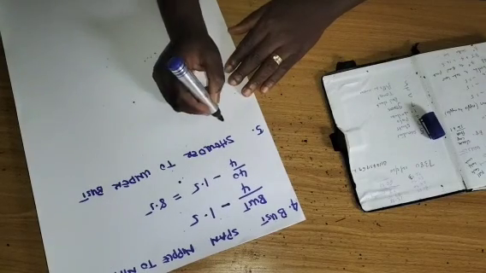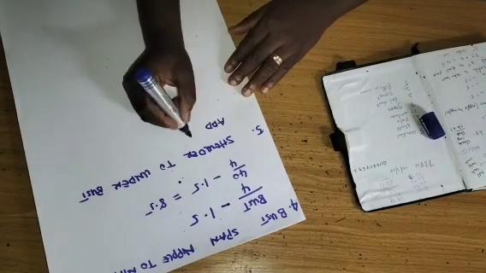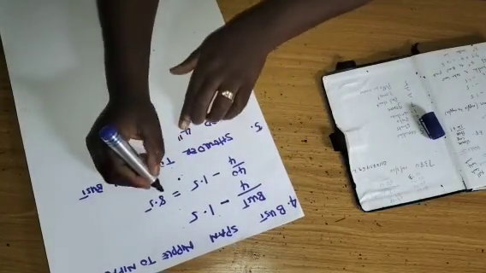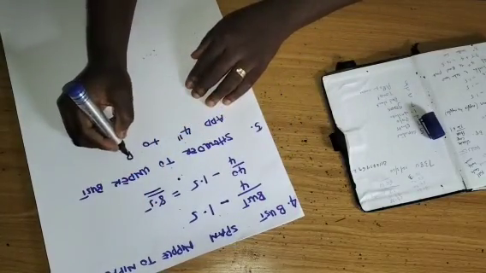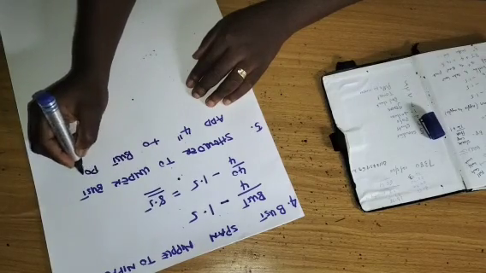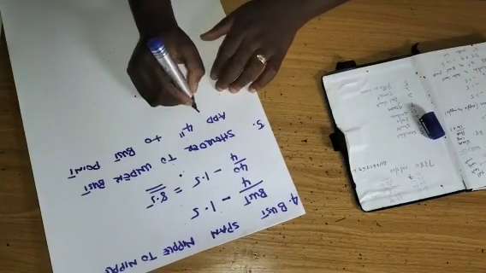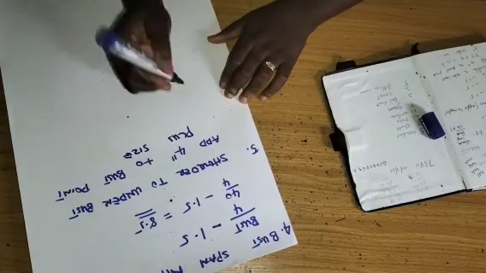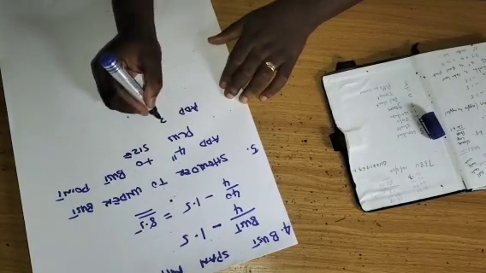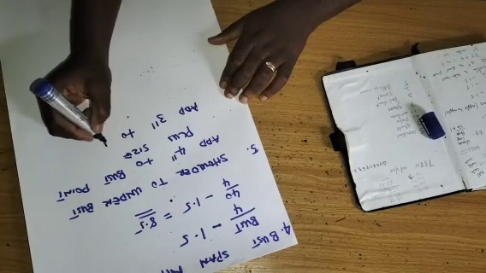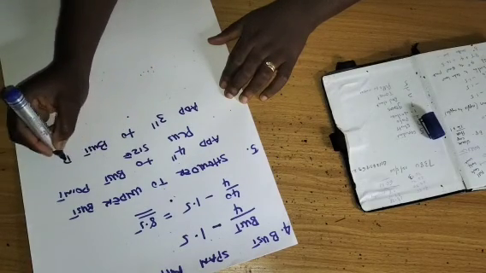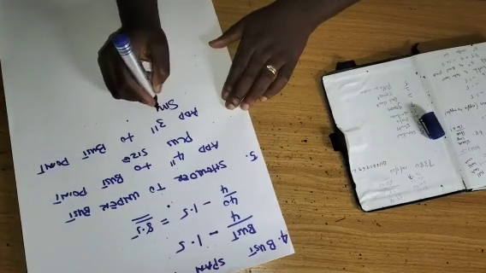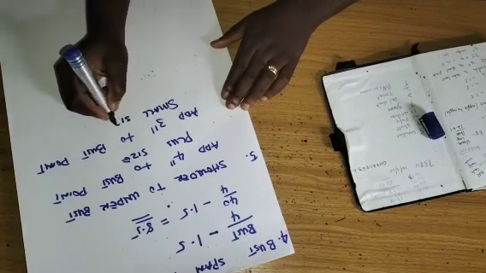You are going to add 4 inches to your bust point if you are a plus size. Then if you are a smaller size, you add 3 inches to your bust point. I believe you understand this.